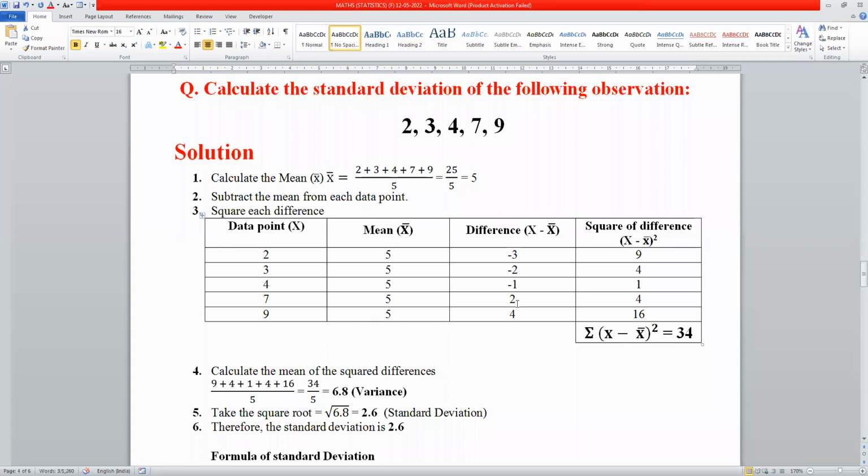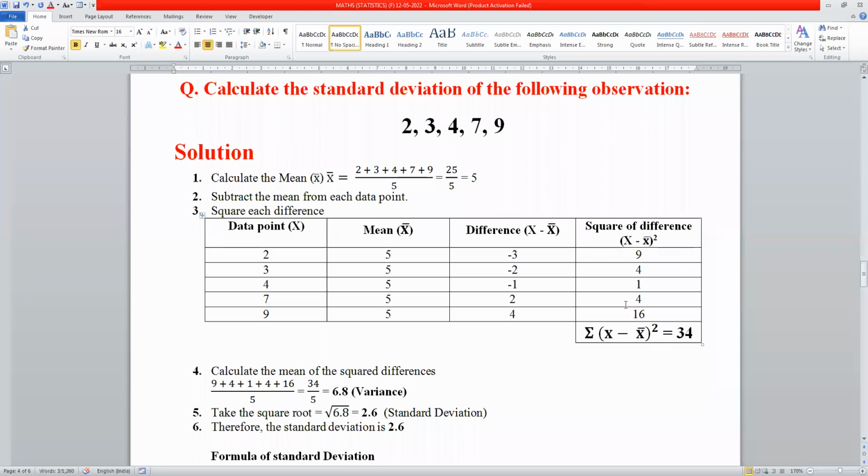Then you have to square the differences. Minus 3 squared is 9. Minus 2 squared is 4. Minus 1 squared is 1. 2 squared is again 4. 4 squared is 16.